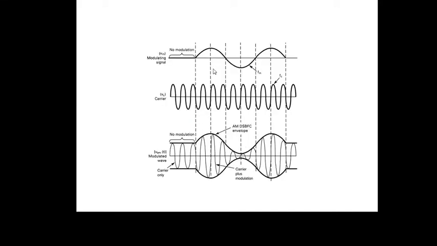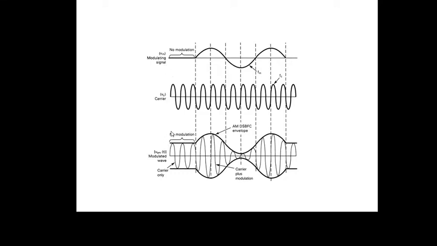This is your modulating signal VM, and VC is the carrier signal, with VC the amplitude of the carrier wave and VM the amplitude of the modulating voltage.